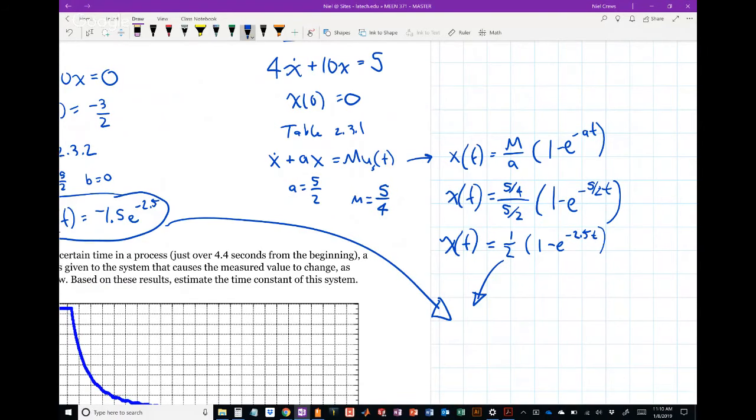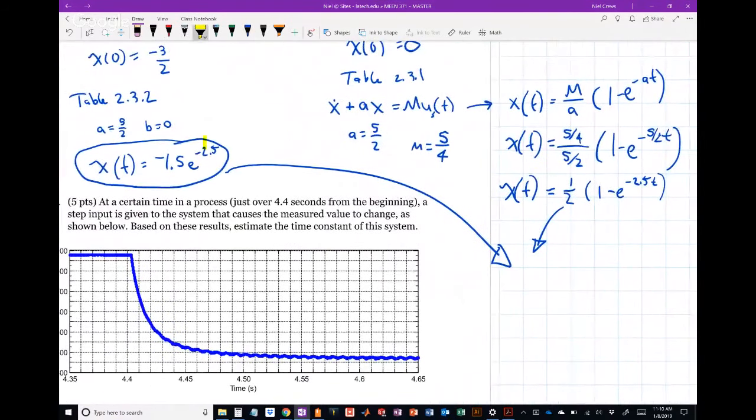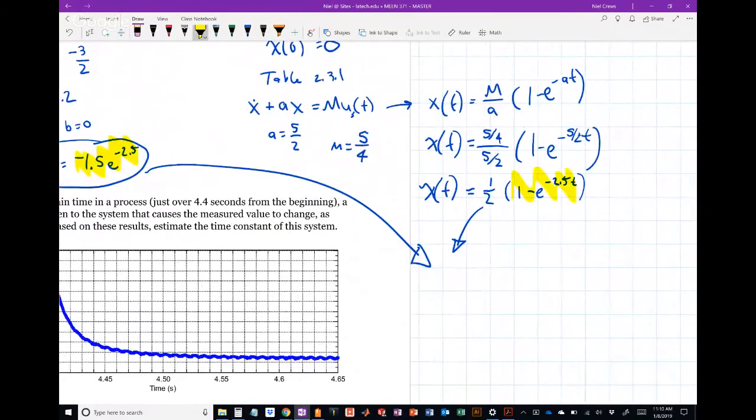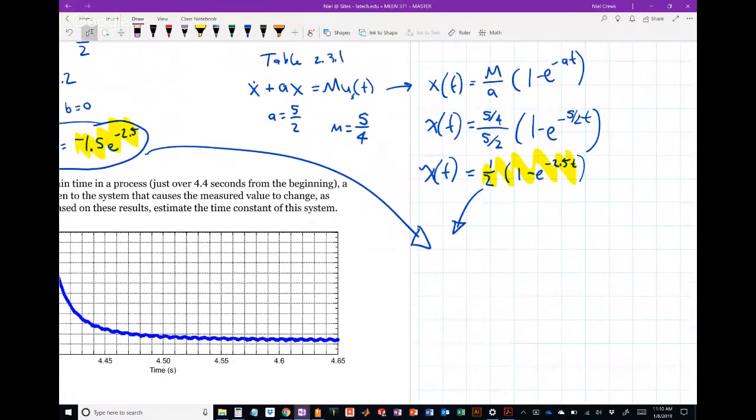So when we add these together, this minus 1.5 e to the negative 2.5 and this 1/2 times 1 minus e to the negative 2.5t, et cetera, we end up with this. Our x of t is going to be negative 1.5 e to the negative 2.5t plus 1/2 minus 1/2 e to the negative 2.5t.